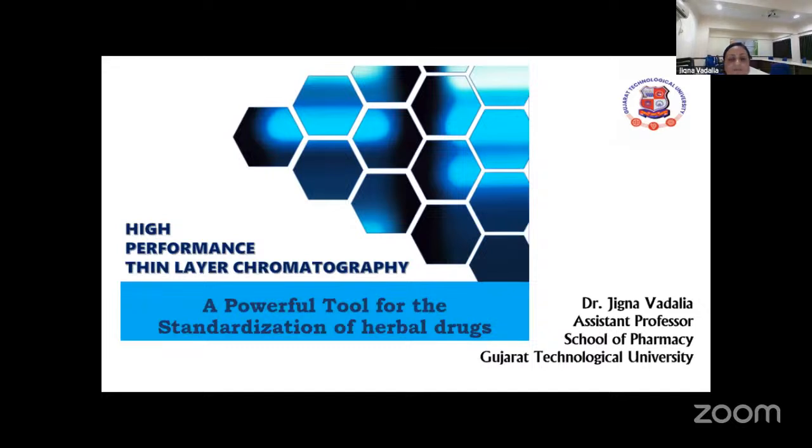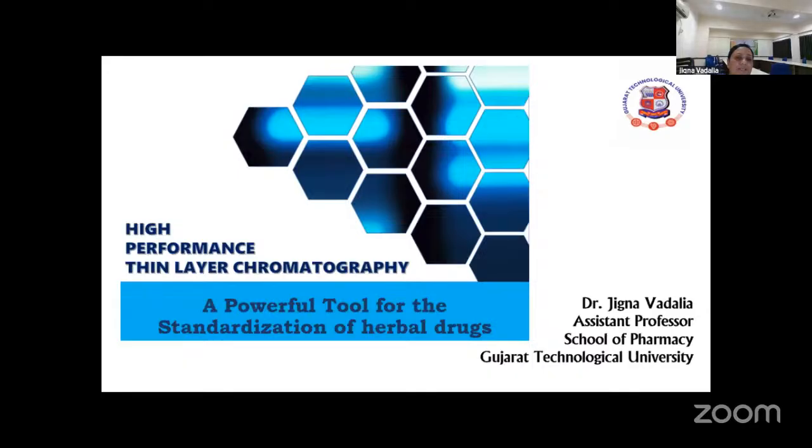With TLC, qualitative analysis is possible, while with HPTLC, quantitative analysis is possible. HPTLC has higher resolution power and higher sensitivity than TLC. So it is an enhanced version of TLC.